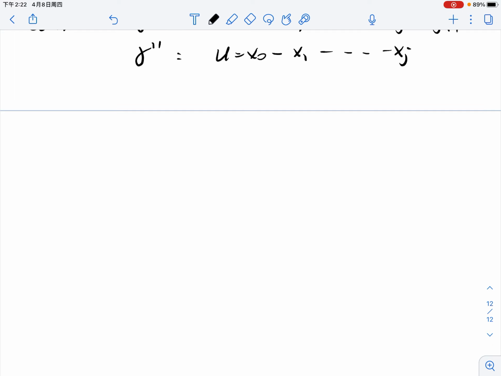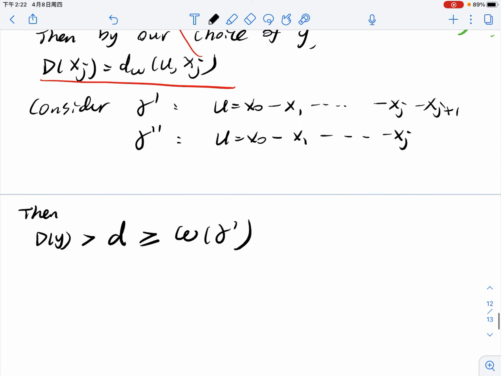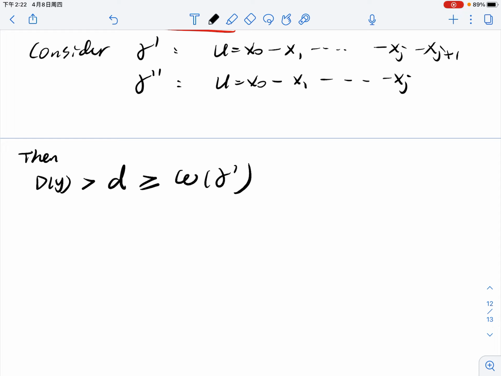Then we note that d_y is strictly greater than omega(gamma) and greater than or equal to omega(gamma prime), because y is after x_j, so x_{j+1} is at most y. So gamma prime is smaller than the whole path gamma, and here you use the property that omega is non-negative.